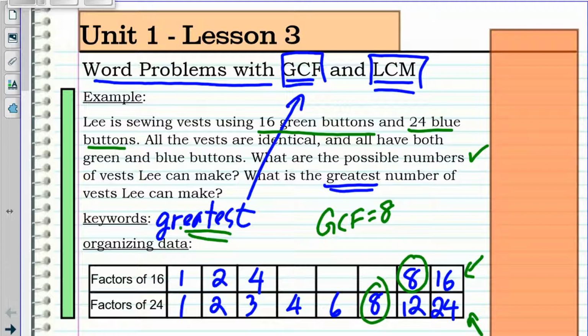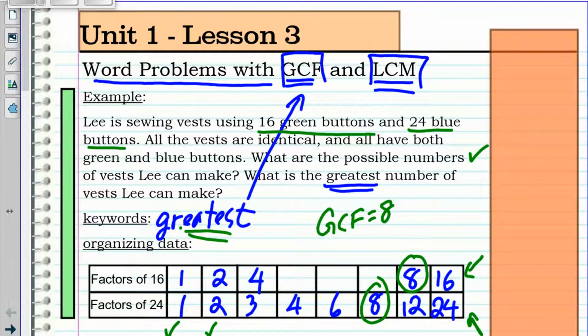Well, he could make 1 vest. If he makes 1 vest, it's going to be a really weird looking vest because it's going to have 16 green buttons and 24 blue buttons. As far as I'm concerned, I've never seen someone with a vest, let alone a sweater, that has 40 buttons on it.